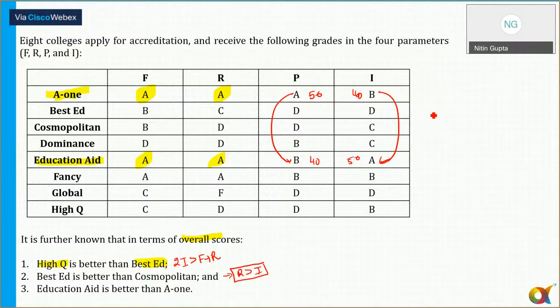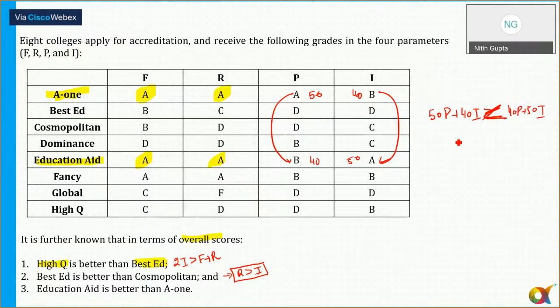So I say that A1 is 50 plus 40 I, sorry, education. And education aid is better. So I'll say education aid is equal to 40P plus 50I.